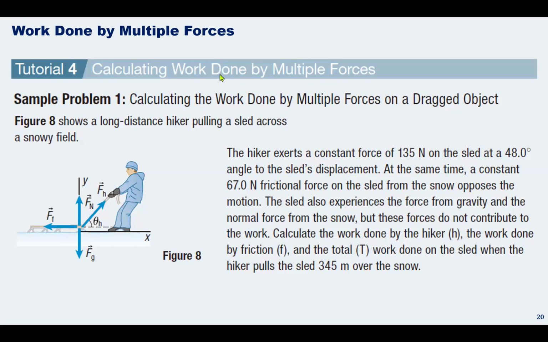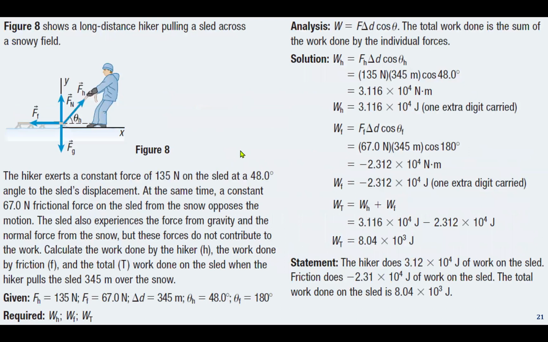All right, let's have a look at the solution together. So first of all, we can use letters to denote the given information. The magnitude of the force applied by the hiker is 135 newtons. Magnitude of frictional force is, oh sorry, 67.0 newtons.